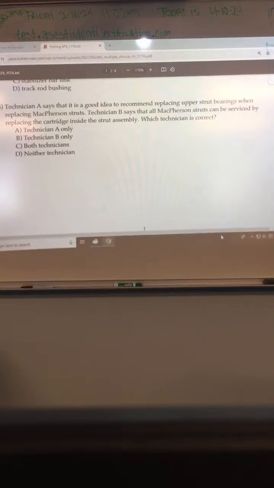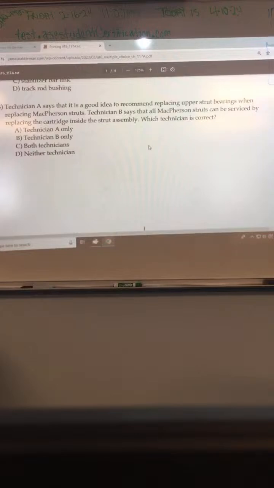So would that be both then? Because it says always follow the manufacturer's recommendation. It says always replace the cartridge assembly per the manufacturer's recommended procedure. I didn't read that part the first time. Okay, A is right. All struts can be serviced by replacing the cartridge inside the strut.